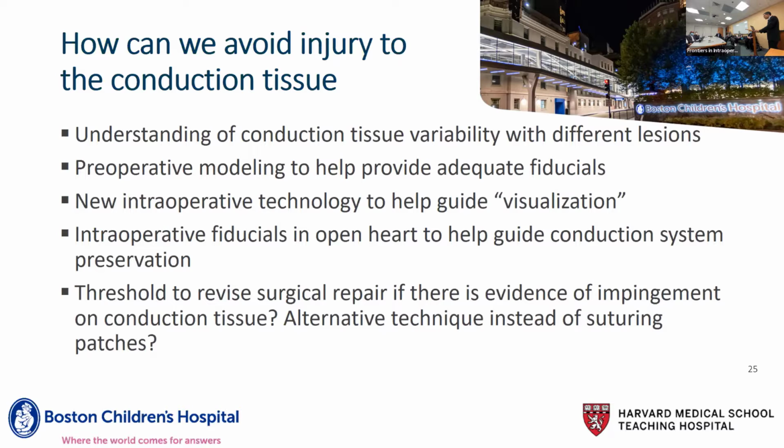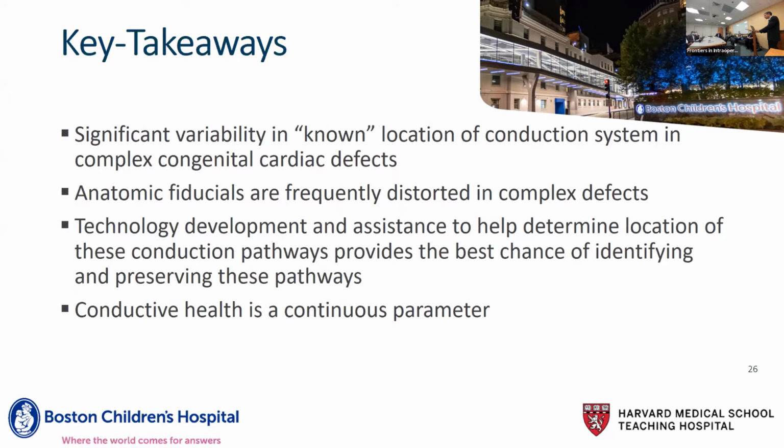So to summarize, I think there's significant variability in the known location of conduction system in complex cardiac defects. The anatomic fiducials that we rely on are frequently distorted in complex defects. Technological development to help determine location of these conductive pathways provides us the best chance of identifying and preserving these pathways. And finally, I implore everybody to think of conductive health as a continuous parameter.